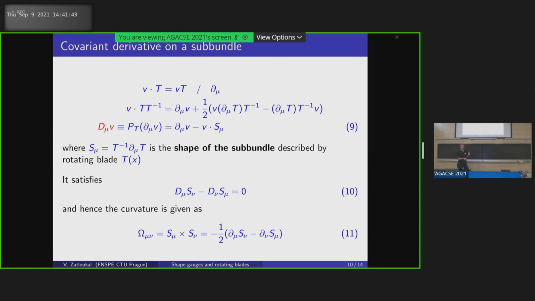So it's a differential of this rotating blade. Being a differential, it satisfies equation 10, and hence the curvature. So S mu are the connection coefficients, but they are special. The curvature corresponding to these is given by 11.